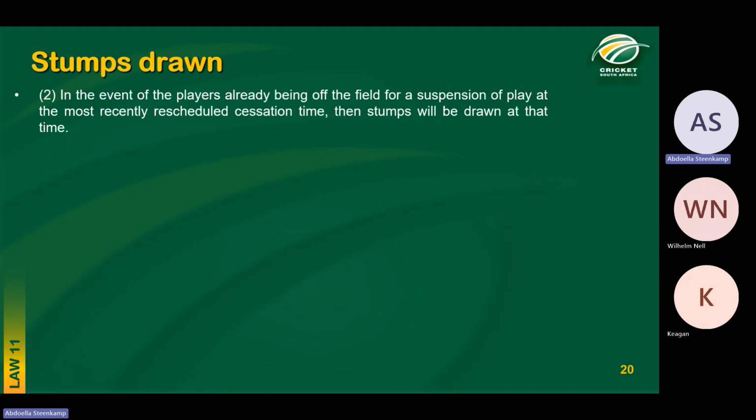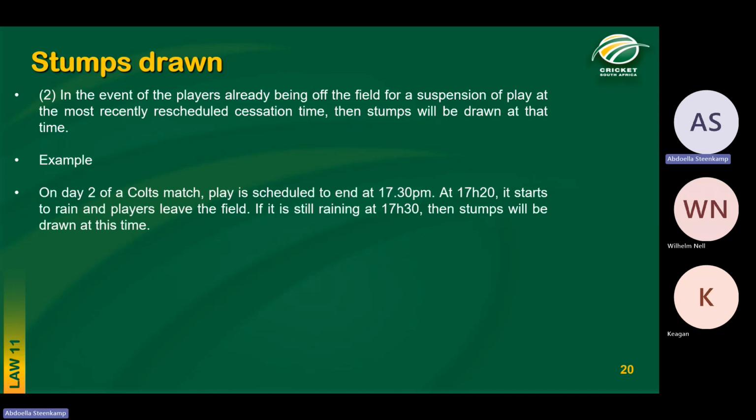This clause tells us, once we get to our cessation time, which was 17:30, now we can call stumps. We can tell the captains, guys, sorry, we've reached our cut-off time for the day, which is 17:30. We'll see you tomorrow. That's all that this is saying.